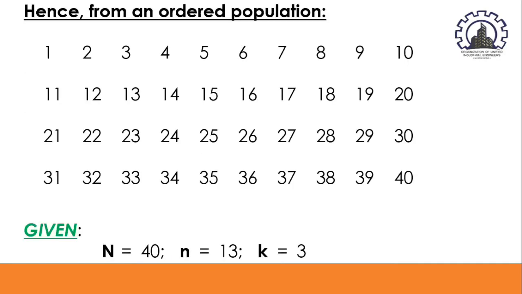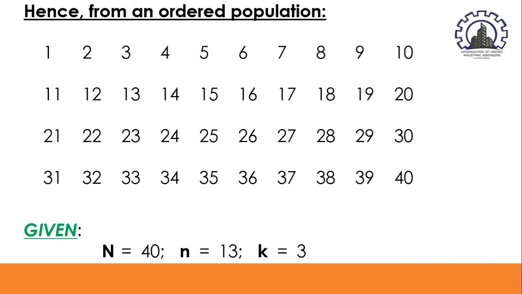So hence, from an ordered population, as you can see in the sample, you have there 40 students, which are ordered 1 to 10, 11 to 20, 21 to 30, 31 to 40. So we have 40 students as our population. And remember, we only need to select 13 students out of 40.